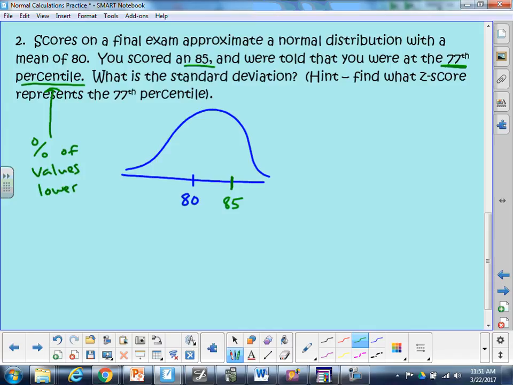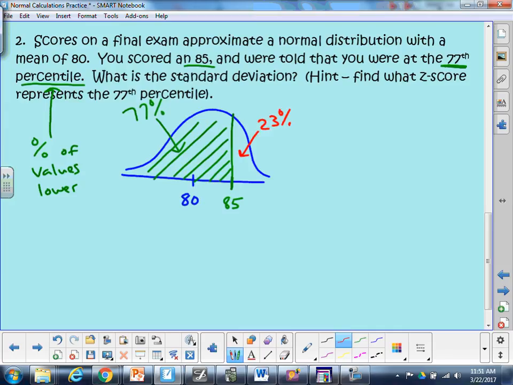So I know from this 85, all of this down here is 77%. Not that we necessarily need that, but that would indirectly tell me that there's 23% of the values above. So we don't have to use that, but just so you can put it all together. What we need to figure out is the standard deviation.